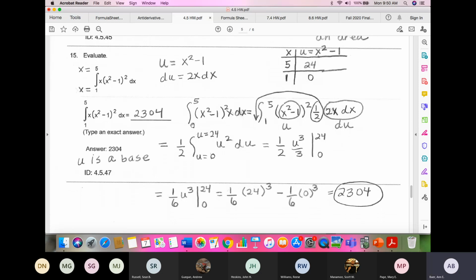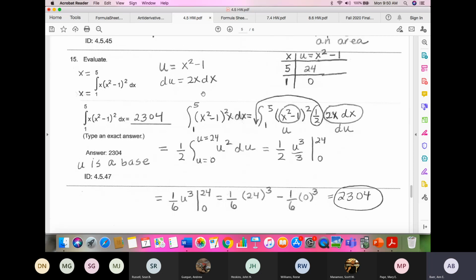So I copied over the integral here. I just noticed that this x appears right here next door to the dx. So I rewrote the integral, but I moved the x next door to dx. This is really x times this times dx.